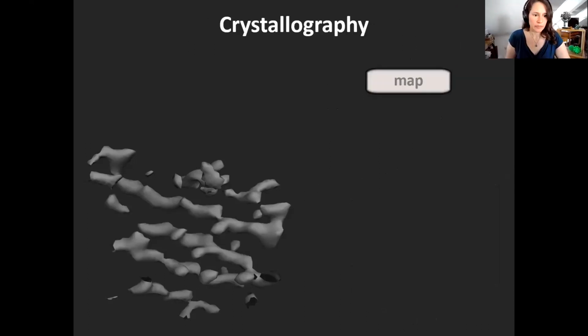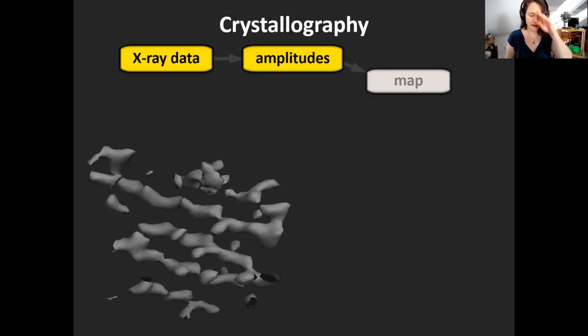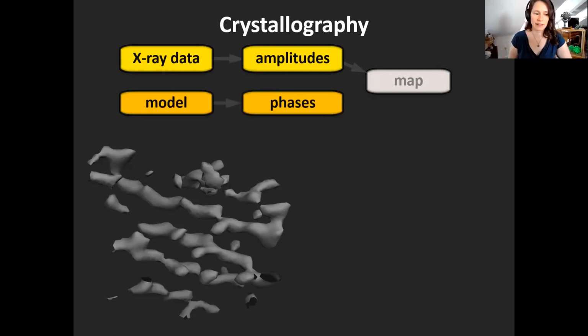And one problem which exacerbates this whole issue in crystallography is the fact that we cannot measure the phases directly. So from your X-ray data, you get the amplitudes, and then you would like an electron density map like this one, but in order to interpret this, you need a map, but you can only calculate it with phases. And the phases typically come from a model, be it in molecular replacement, where you place a model, but even in experimental phasing, you're employing density modification and hence making some rather strong assumptions about the nature of your crystal before you even get a map.